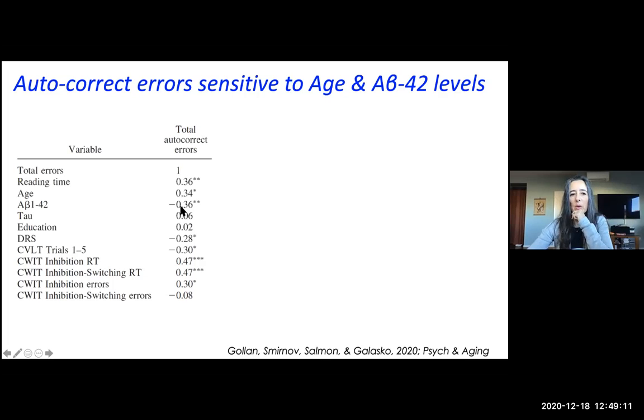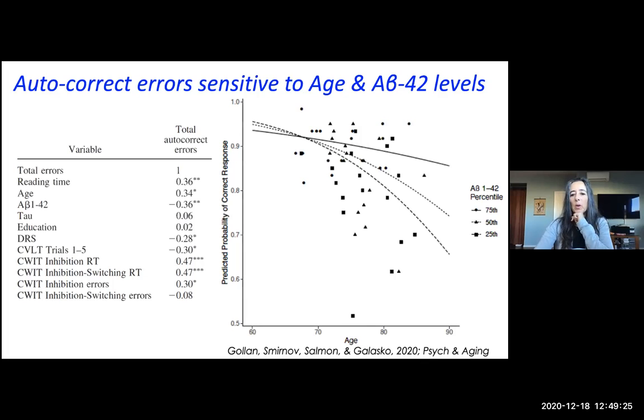And we also had some biomarker data for these participants. If you were positive for the biomarker, you were more likely to produce errors. And if you had both, if you were older and positive for the biomarker, you were particularly less likely, this shows correct responses now, to read those nonsensical words correctly, more likely to autocorrect.